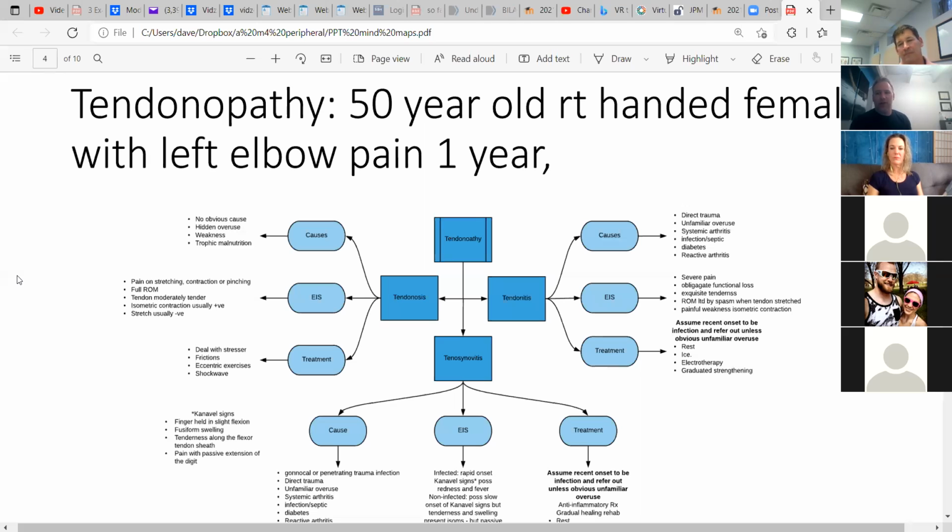Somebody that's sleeping on their stomach with their head twisted around all night. They say, every morning I wake up and I've got this stupid thing here. And you're looking at that like, well, that can't be an overuse issue, unless they're doing something in their sleep. That's not an overuse problem, that's a positional fault. So then you ask them, what position do you sleep in? And when they tell you, well, I'm sleeping on my stomach with this huge pillow propped up underneath my head, you can start thinking, yeah, the facilitatory effect is far more likely.